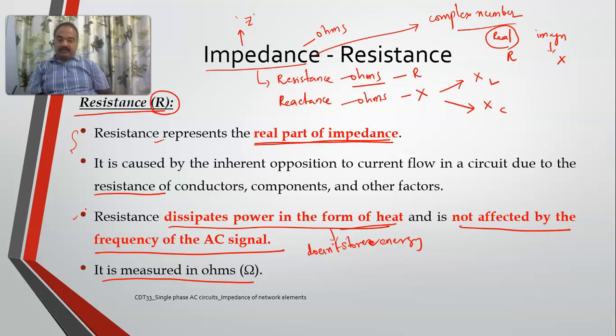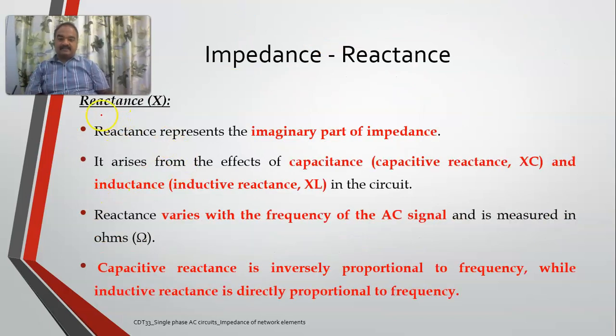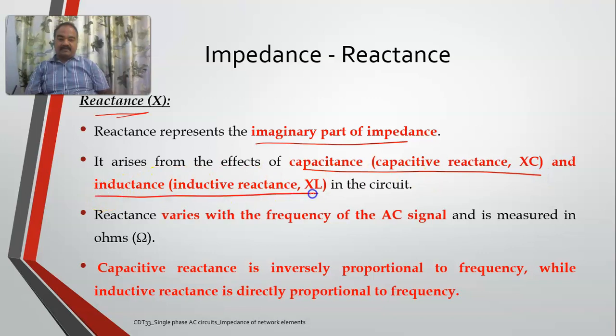Now moving on to reactance. Reactance is the imaginary component of the impedance. It can be due to either capacitance, which we call capacitive reactance XC, or inductance, which we call inductive reactance XL. Both of these, XL and XC, vary with the frequency of the AC signal, and X is measured in ohms.